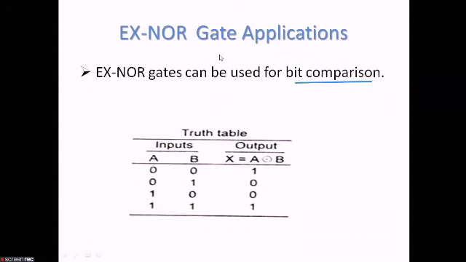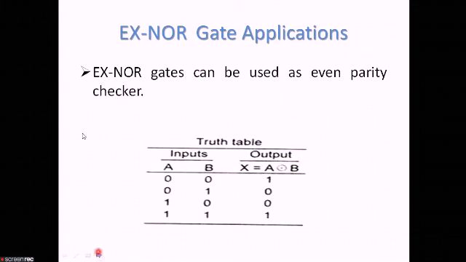Now moving to the other application, we see that XNOR gates can be used as an even parity checker. Again, we can see this from the truth table.